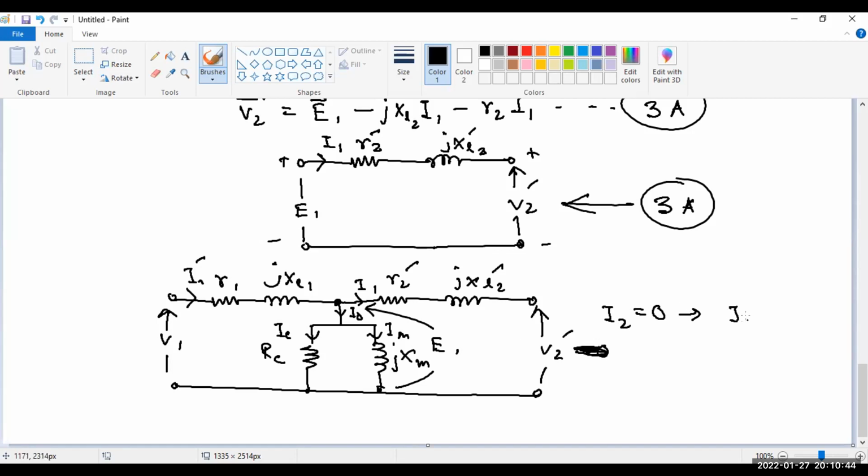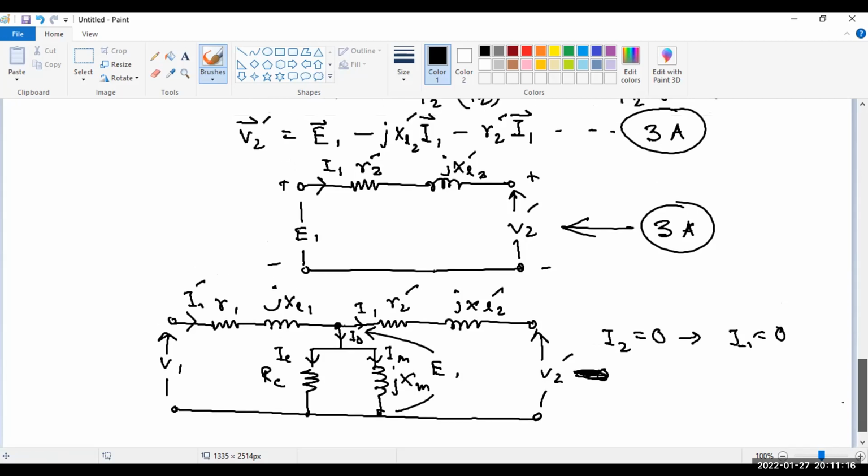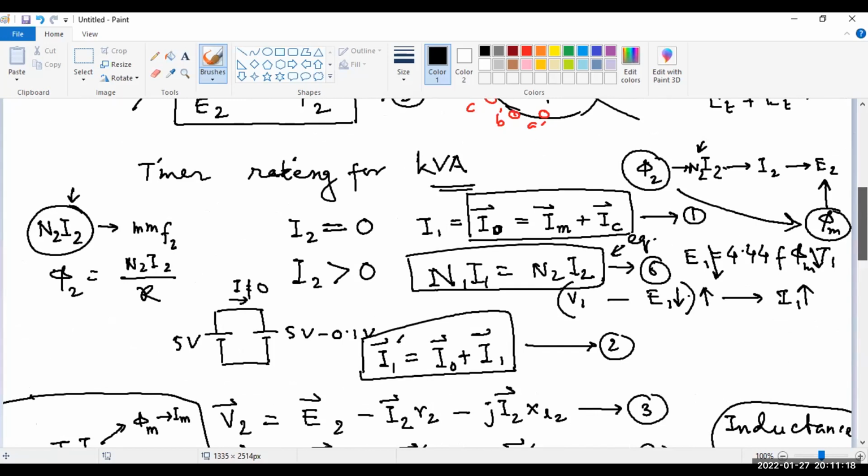That will give you I1 zero. Now there will be no voltage drop in that part, only I0 will cause the drop. So that is called the no load test. At no load, you can measure, because in that case your terminal voltage V2 prime will be E1. So that way you can measure. Anyway, all these things you just try to recapitulate. I will share this video.